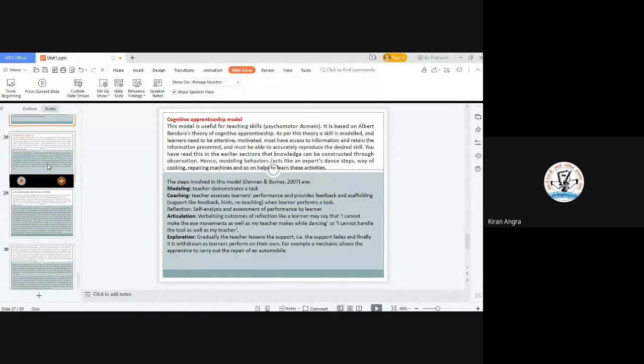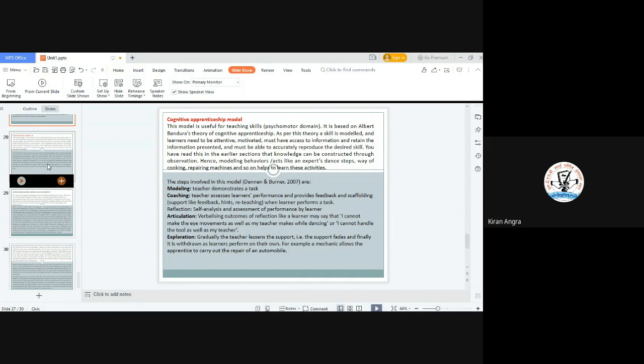Suppose dancing, cooking, repairing some machine. They all involve skills. So this model is based on that. The steps involved in this model are modeling: the teacher demonstrates the task.